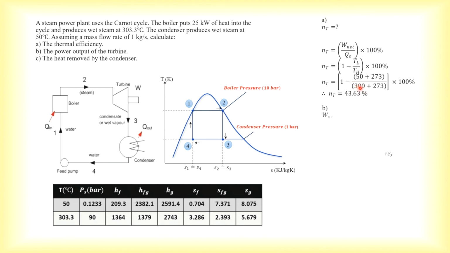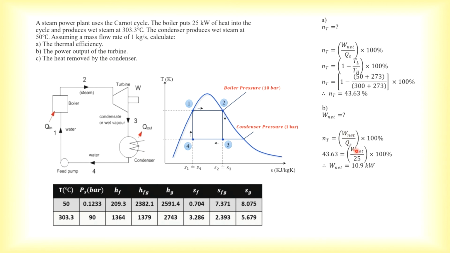Okay. So once you have got that from this thermal efficiency, which we have found, and it is actually defined as network over heat supply times 100%. So what the question wants us to find firstly is the power output of the turbine, which is the network out.